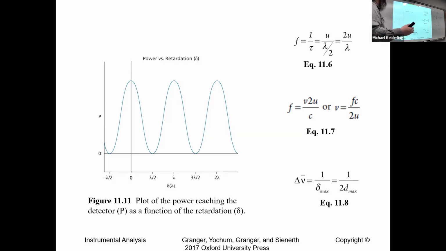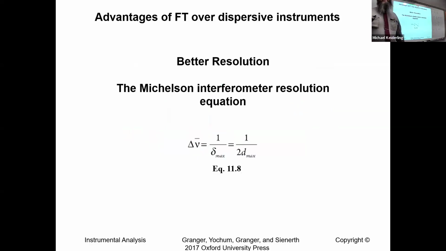And then you can use Fourier transform to convert it. And because the fast Fourier transform algorithm exists, you can actually do it quickly. So yeah, you get better resolution. The resolution of a Michelson interferometer is greater than this, but technically it's a lot more complicated. It needs a computer.